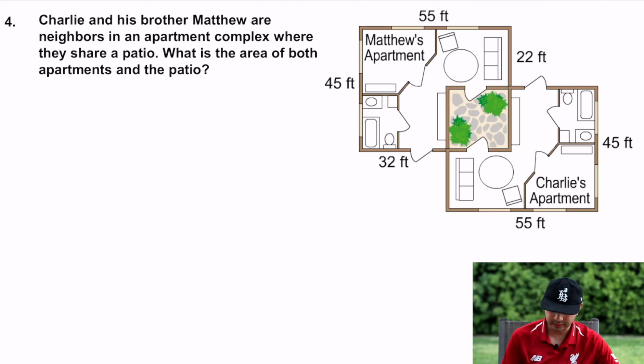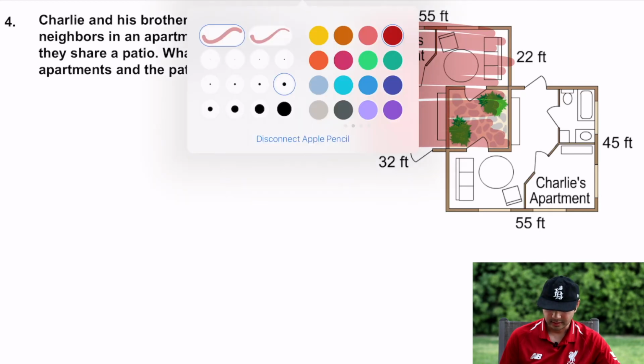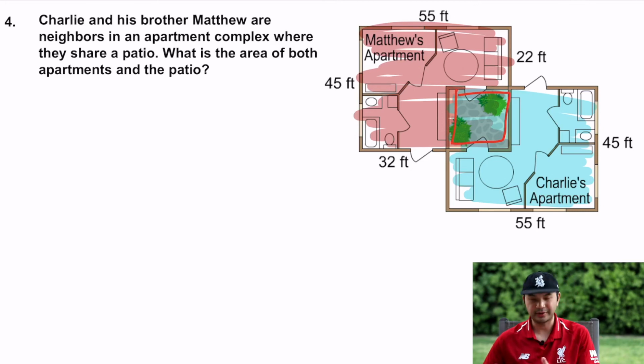So I'm going to try to find the area of this rectangle, then I'm going to try to find the area of this rectangle. But then the problem is right here, that's overlapping, because you're counting it twice.